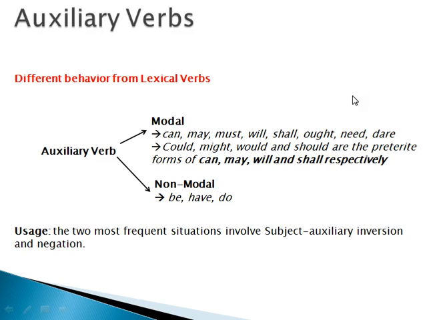So all these verbs here are modal. And be, have, and do are non-modal. So I'd say in this case, you'd better memorize the exception and then you get the rule. Yeah, be, have, and do are kind of different. The others that are auxiliary verbs are modal.